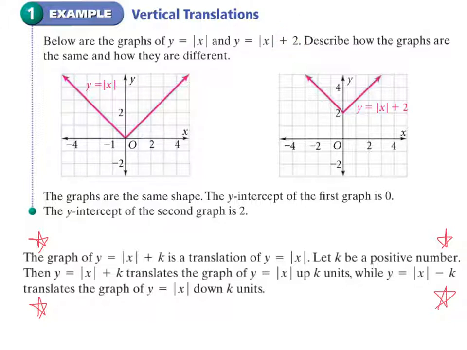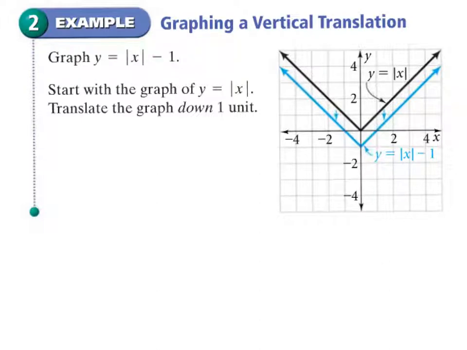So this, I want you to make note. This right here, the plus k, the k tells you how many units to go up or how many units to go down if it is negative. Now in example number 2, we have y equals the absolute value of x minus 1.